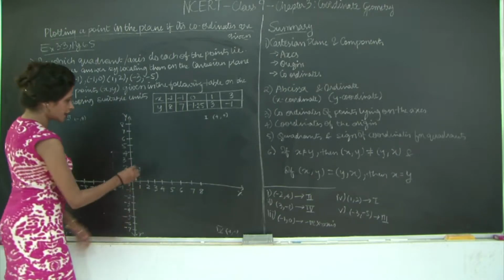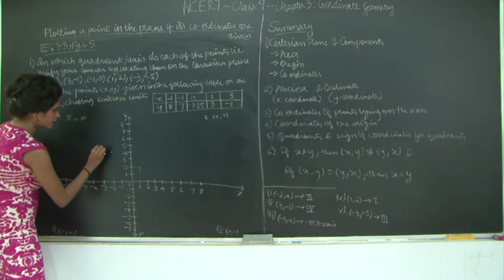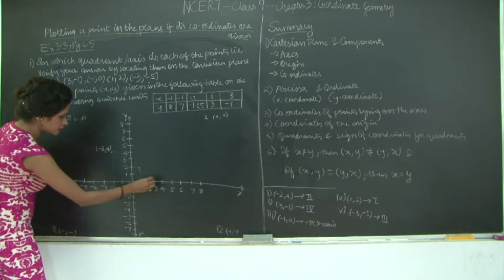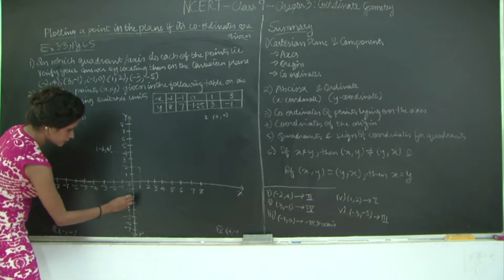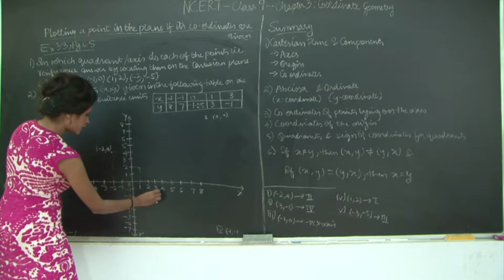Let us mark these points. So we had (-2, 4) here. Then we had (3, -1) here.